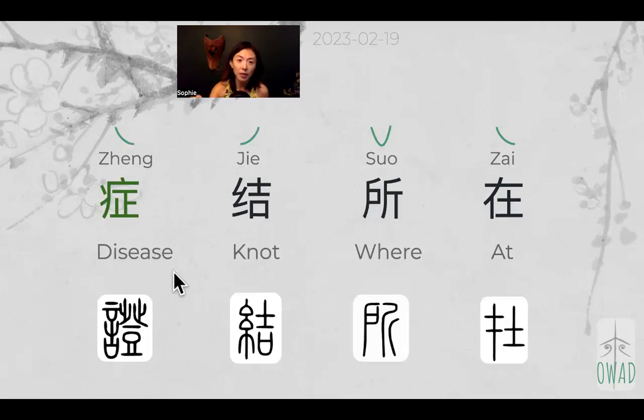From the symptoms, from the appearances or evidence, the 症结所在 leads to the knot, the crucial core of the issue, right? How all those entangled evidences point at it. So that's 症结所在.